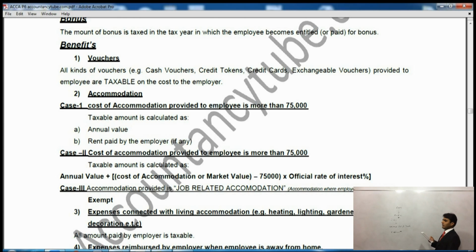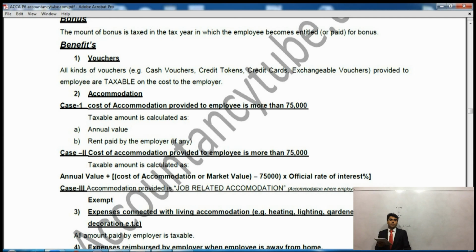As far as P6 and F6 are concerned, the official rate of interest is 3%, and it will be given to you in the exam as well. All right, only the official rate of interest. So cost of accommodation or market value less £75,000 into 3%.